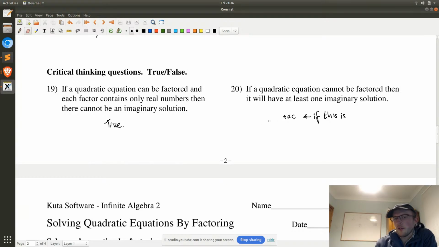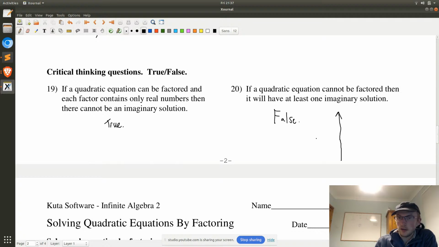Yeah, but that's false for different reasons. No, wait. I understand what they're saying now. Just took me a while to process it, that's all. And what do they mean by factored?